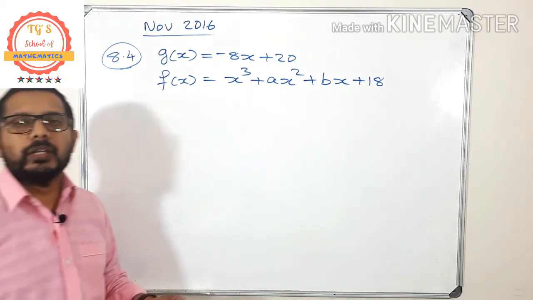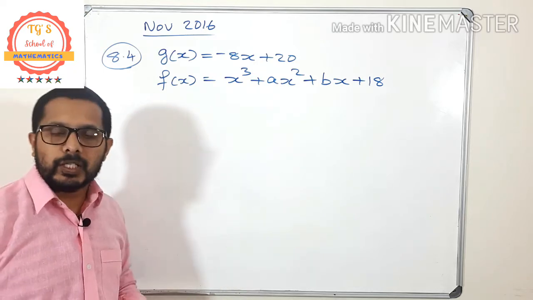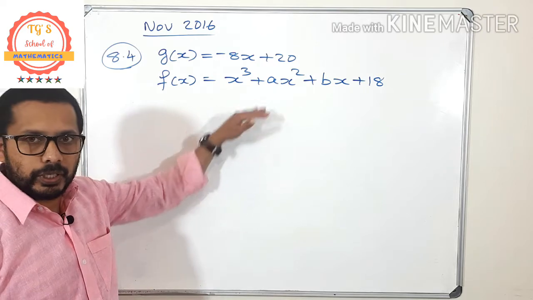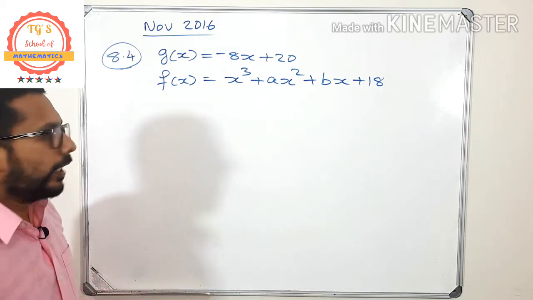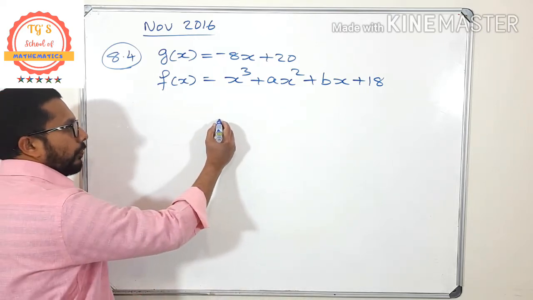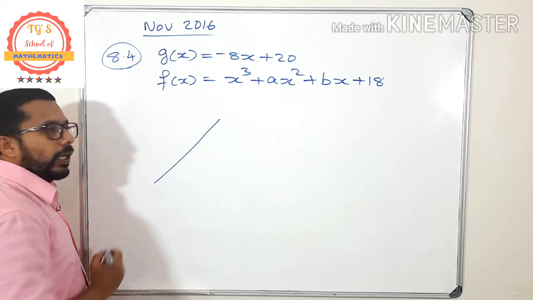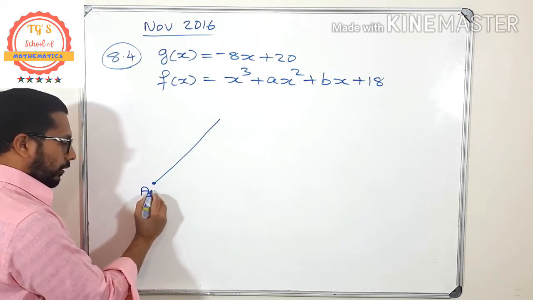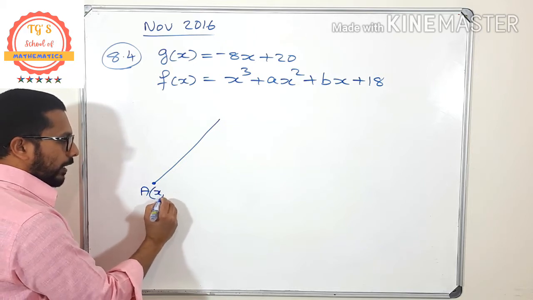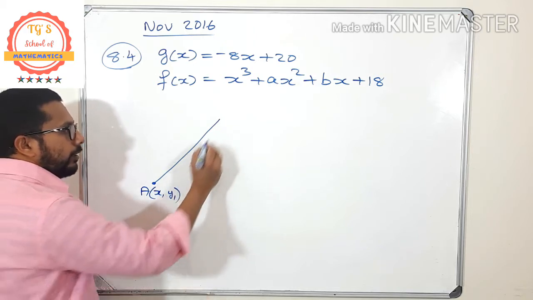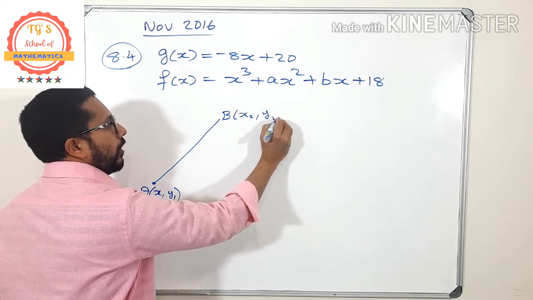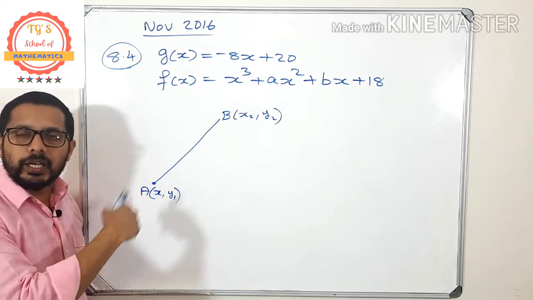Before I go to this question, let me explain something from the theory part. Then we can do this question. In grade 10 you studied how to find the gradient of a straight line. If you know two points, for example, x1 comma y1 and x2 comma y2, how can you find the gradient of this straight line?